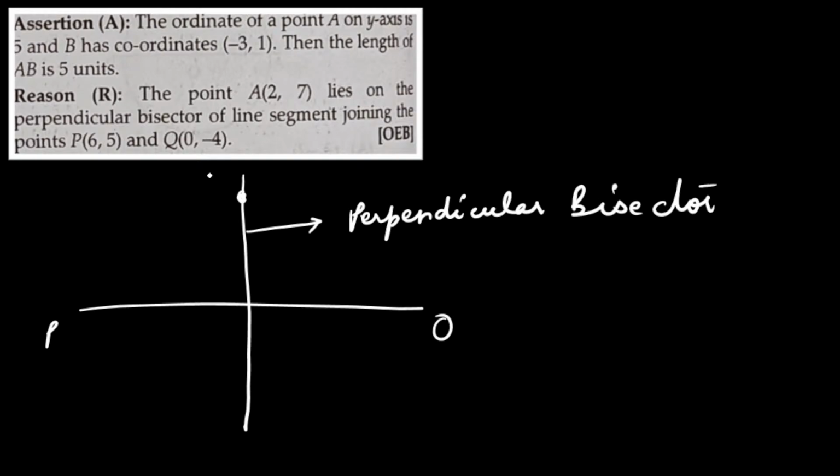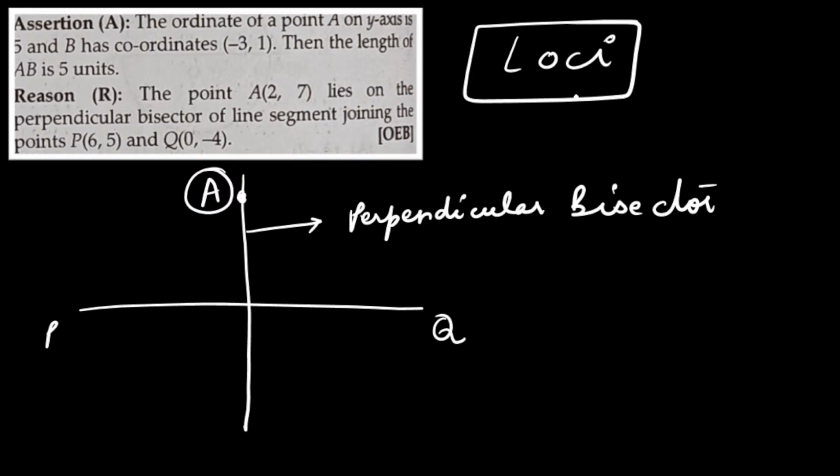So this line is the perpendicular bisector, and they are telling us A lies on this line. So point A lies on the perpendicular bisector of PQ. See, we have done one concept in the chapter on loci.